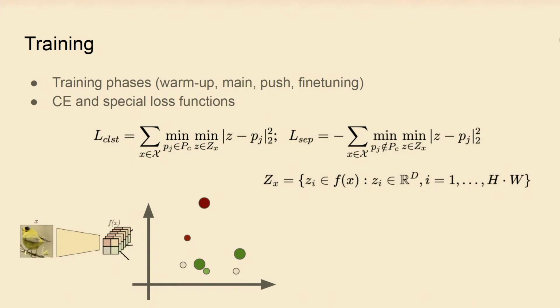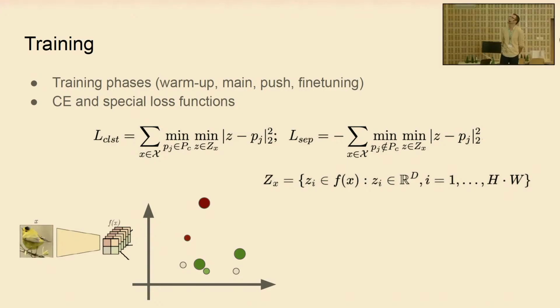Well, we compute this loss for each image in the batch, because we compute cross entropy for the images in the batch. Okay, so you only compare to prototypes within the batch. Yes. Okay, that makes sense why it's not that much slower. Yeah, I think x is from the batch.